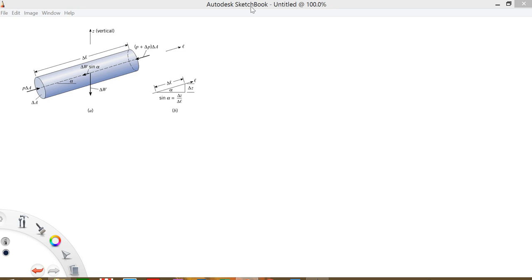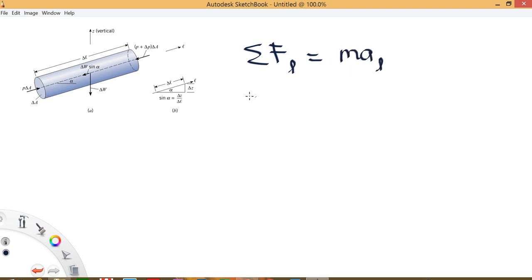So taking the summation of force in the L direction, it's equal to ma. So this is from Newton's second law of motion. So let's say this is positive. So what are the forces?